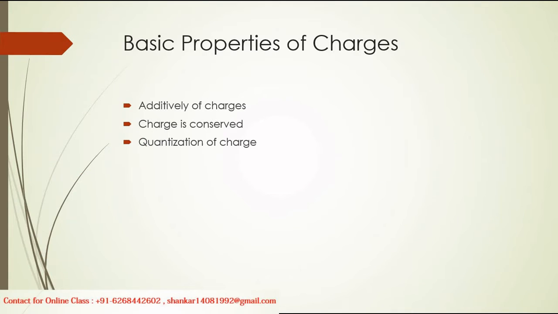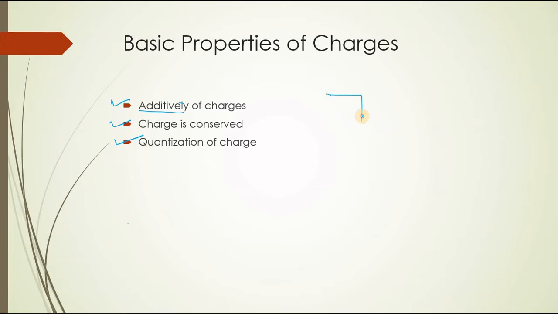Now, the basic properties of charges are extremely important to understand from an exam point of view as well as a knowledge point of view. Charges have 3 important properties. First is additivity. Additivity of charges means, suppose you have box A, which has, let's suppose, negative 3 electrons, and another box B, which has, let's suppose, 6 electrons.